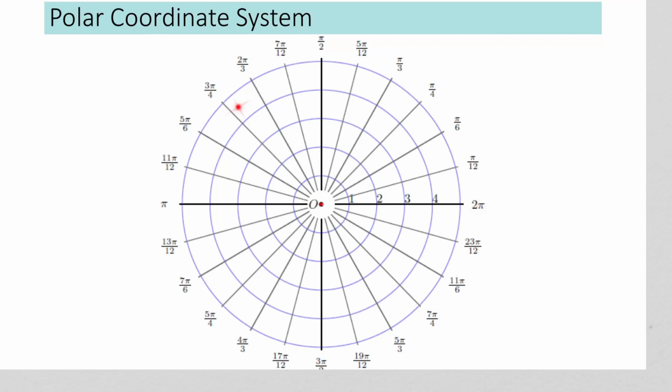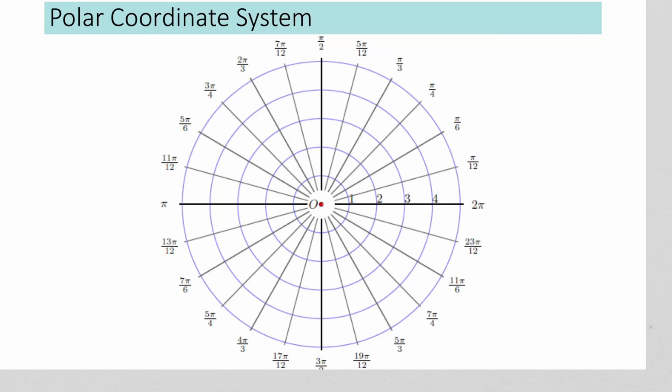We're going to work mostly in radians, but you can also see this graph paper with degree marks along the outside instead. Then this would be a radius of 1, radius of 2, radius of 3. They'll be marked 1, 2, 3, 4, or 2, 4, 6, 8, however your graph is.